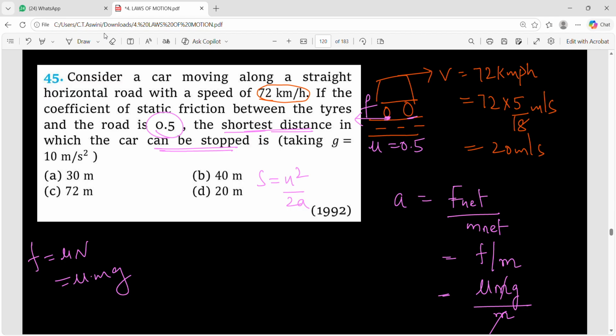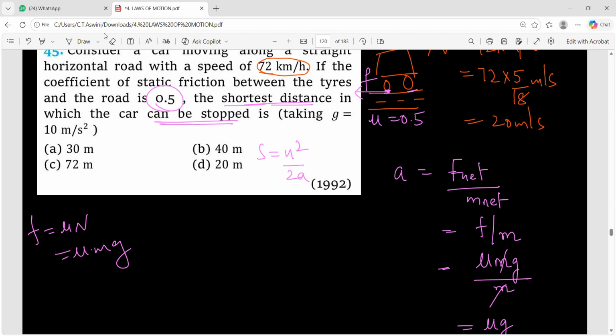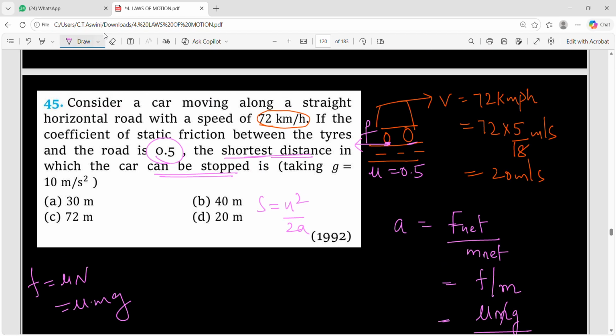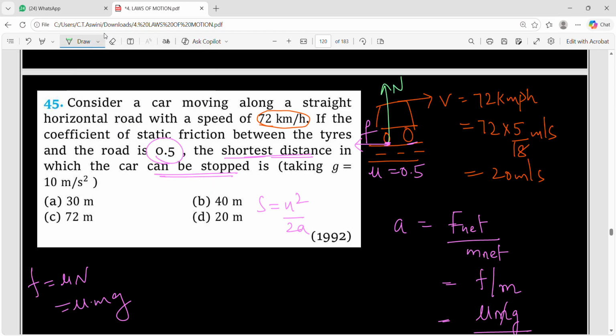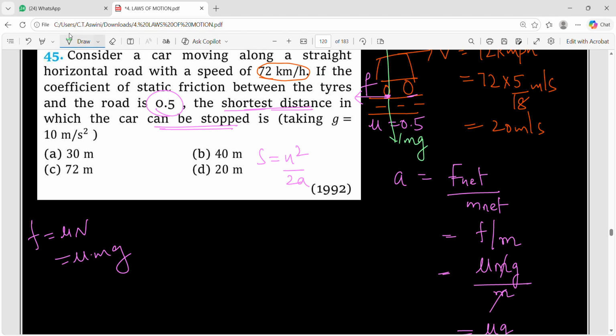Why is n equal to mg here? Because it is in a horizontal position. Normal reaction is upward. This is the normal reaction at the point of contact, and the weight of the car will be acting downward. So just substitute now. Stopping distance is equal to u square, 20 into 20, this is the speed, by 2 into acceleration, which is mu into g.